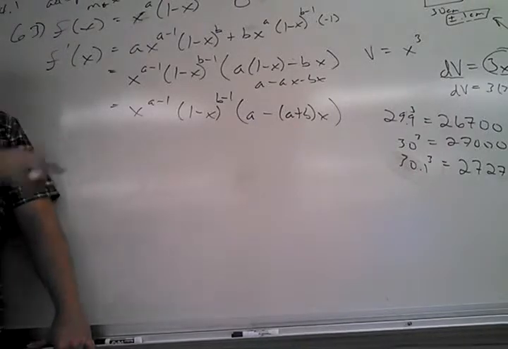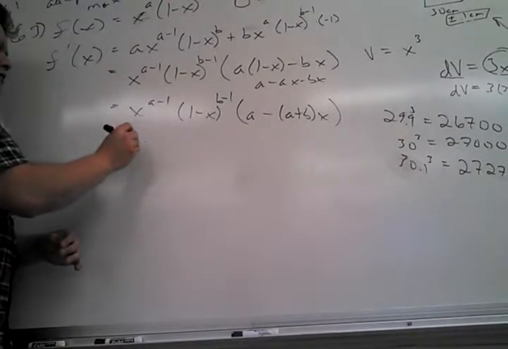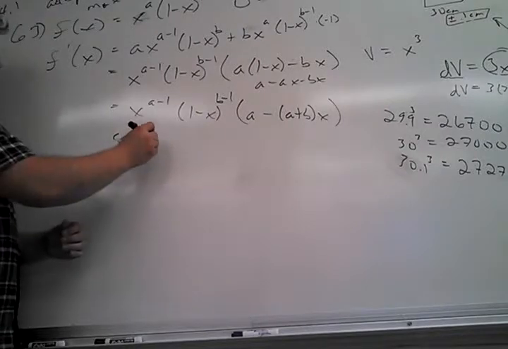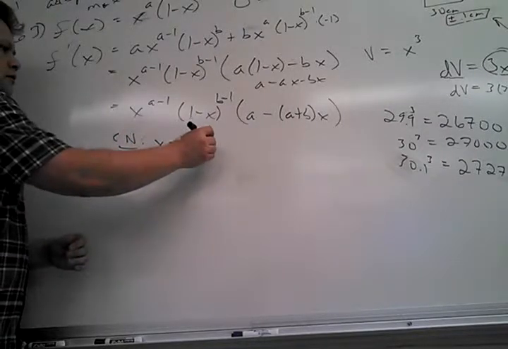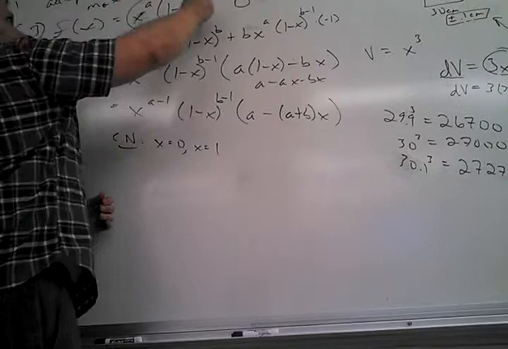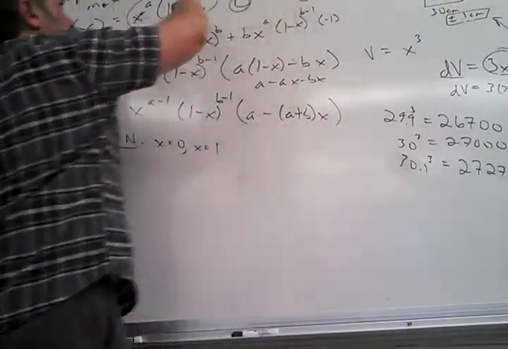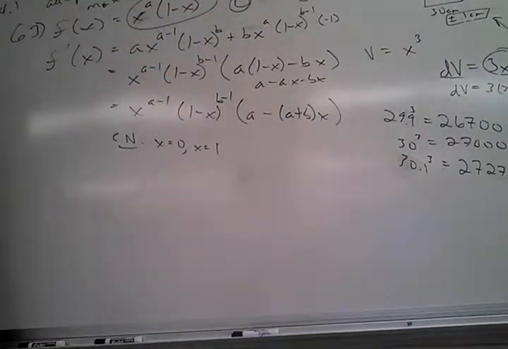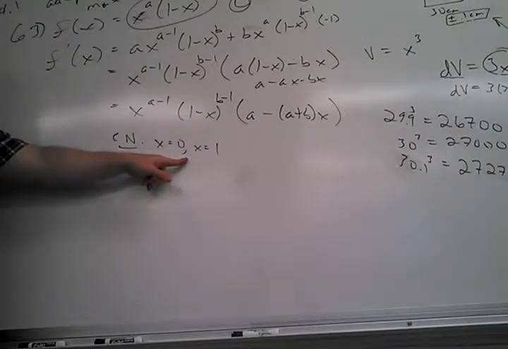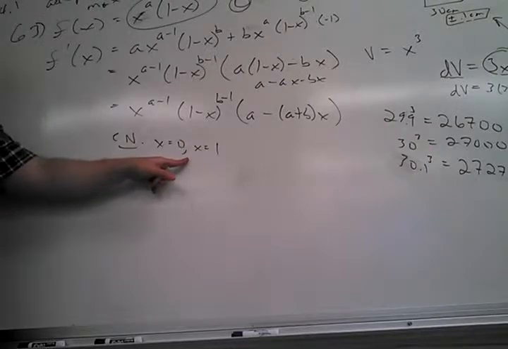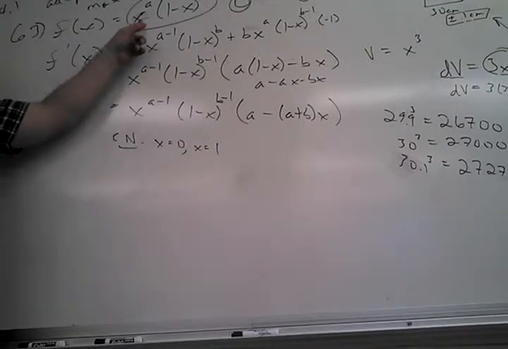Okay, so what are the critical numbers for this? Yeah, x equal to 0. And of course, what's the function at those values? If x is 0, f is 0.